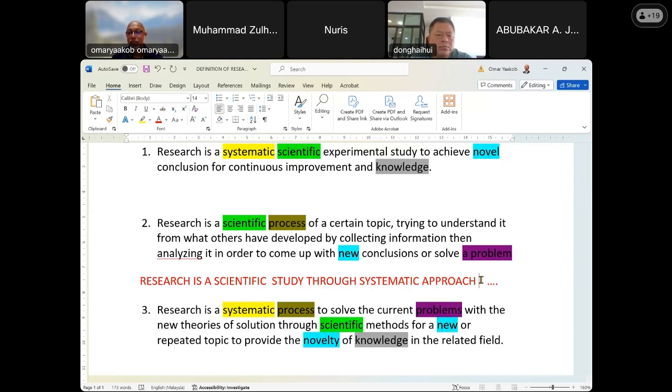But we must understand that systematic is the way to do things. It didn't mean that you need to make a formula out of it. No, it's just like a framework.